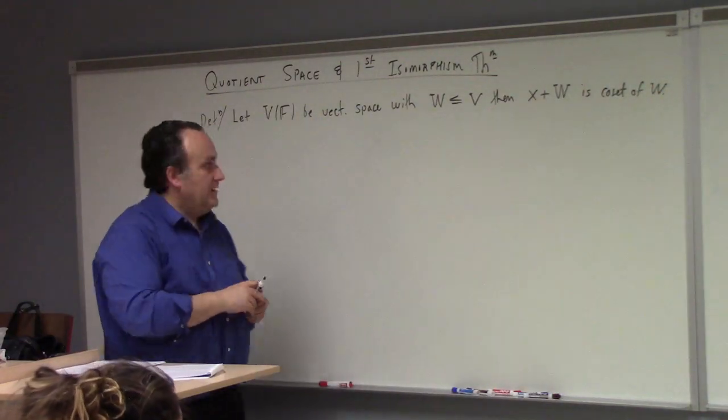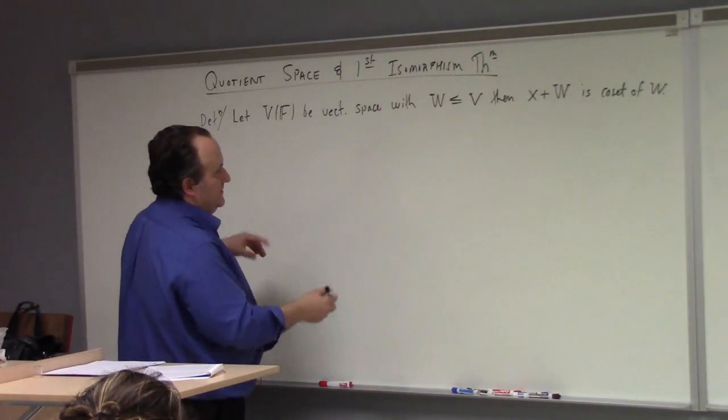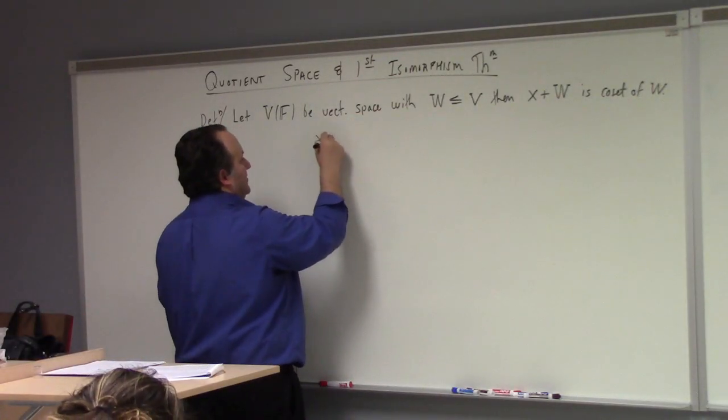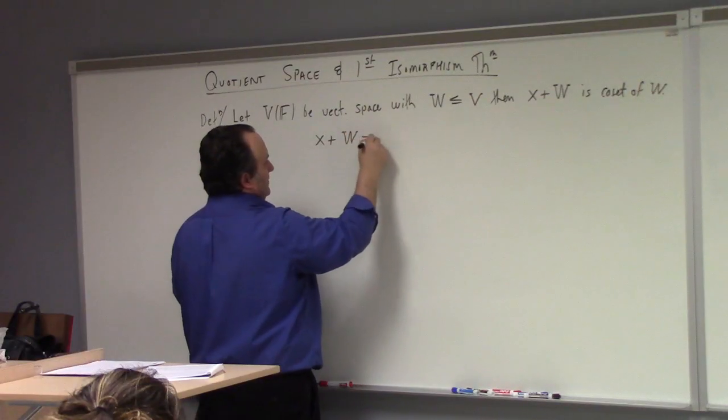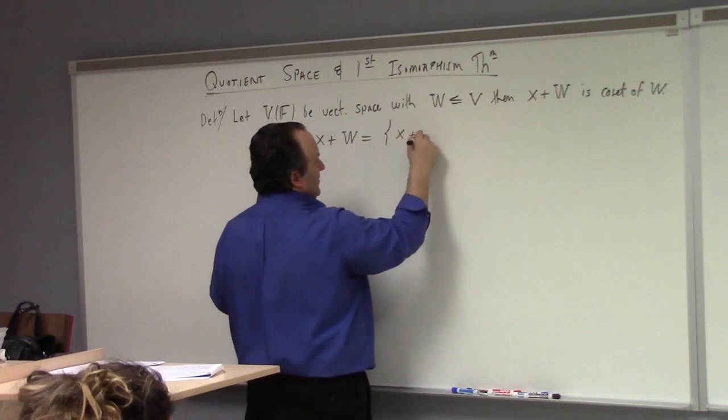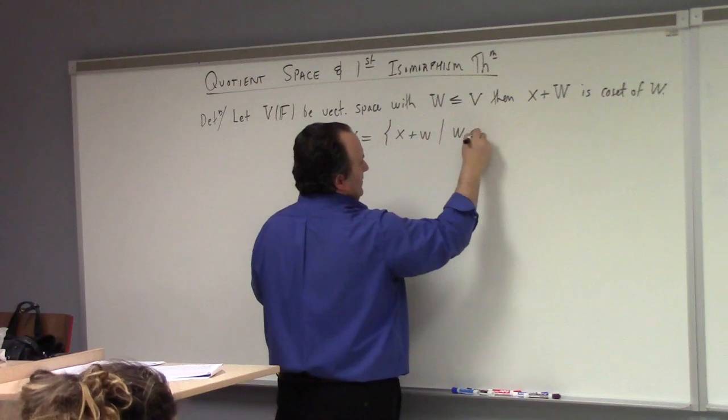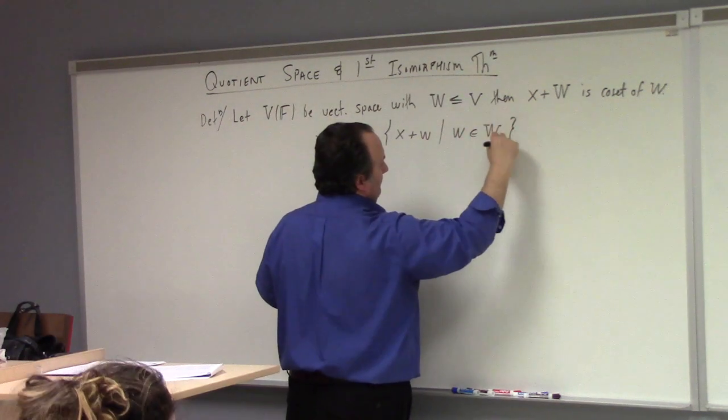Now, what do I mean by X plus W? X plus W is just what it sounds like. It's the set of X plus little w such that little w is in W.